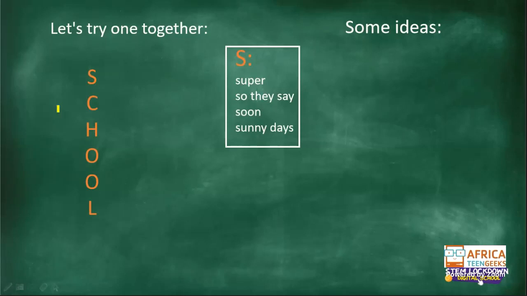I'm going to read to you all the ones that you wrote in the chat box quickly. And then if you like the word, you can write it on your paper at home as well. You wrote socialize, spectacular, song, soccer, students, singing, social science. So if there's any of these words that you want to use, you can write them down.